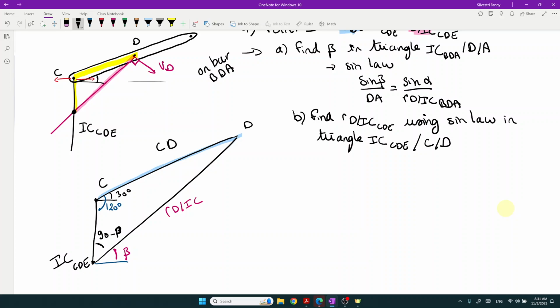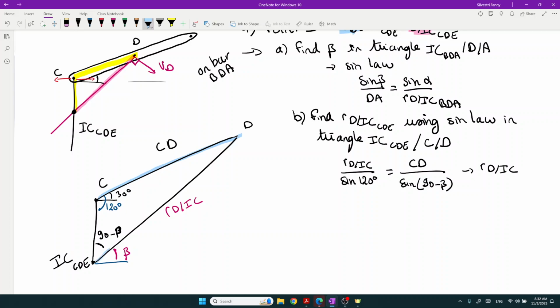So we can write that RD about IC divided by the sine of 120 degrees is equal to CD, because we know this distance is provided, divided by the sine of 90 minus beta. So now we have RD about IC.